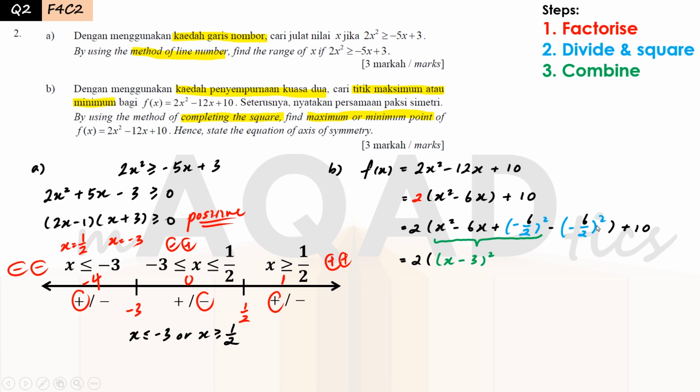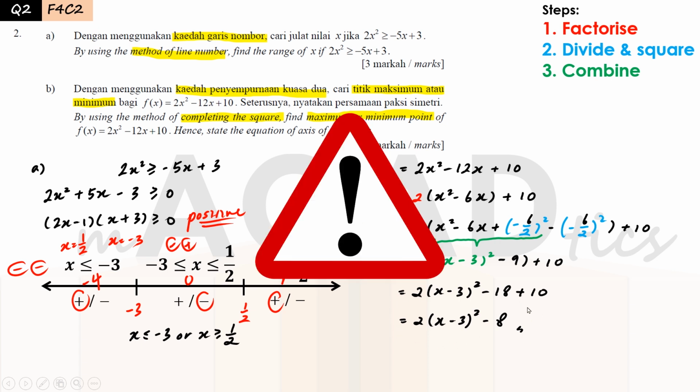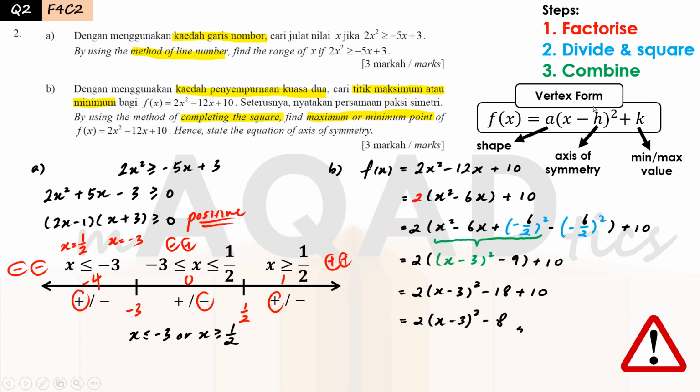If you simplify, you'll get -9 and the +10 will remain. And here we just multiply the 2 back into the values inside the bracket. Once we simplify, we can find the final form, and this final form is called the vertex form.